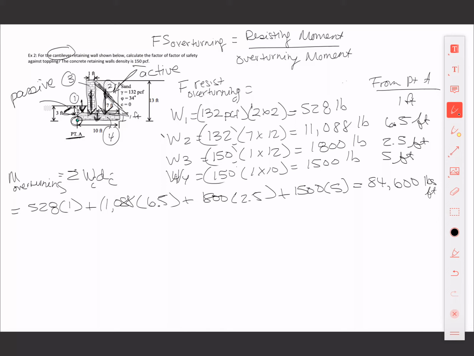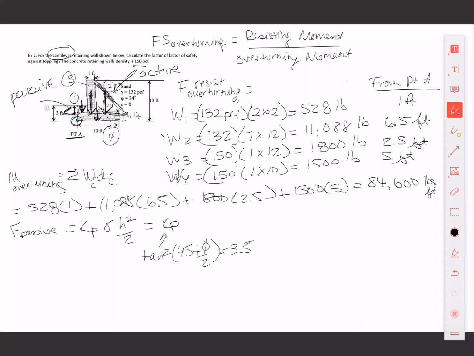So for the passive force, we're going to need to calculate Kp times the unit weight times h squared over 2. In this case, Kp can be calculated as tangent squared of 45 plus phi over 2, which equals 3.5.